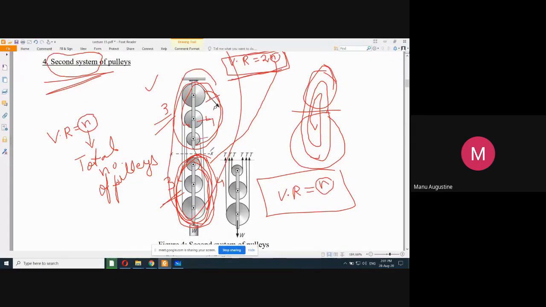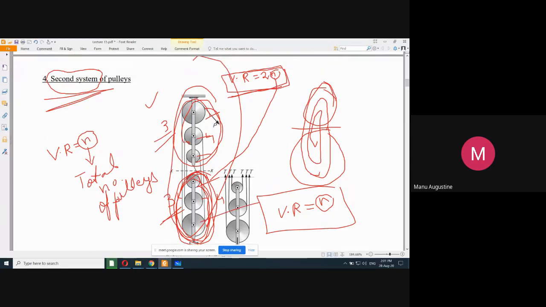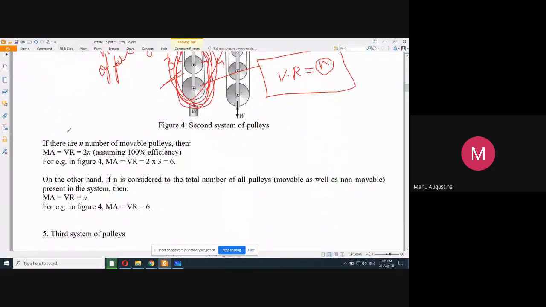तो इस केस में क्या हो गया, small n, 1 2 3 4 5 6। So when you attempt or derive this expression in the examination, you have to specifically mention it like this: if n is the number of movable pulleys, then velocity ratio is 2n.